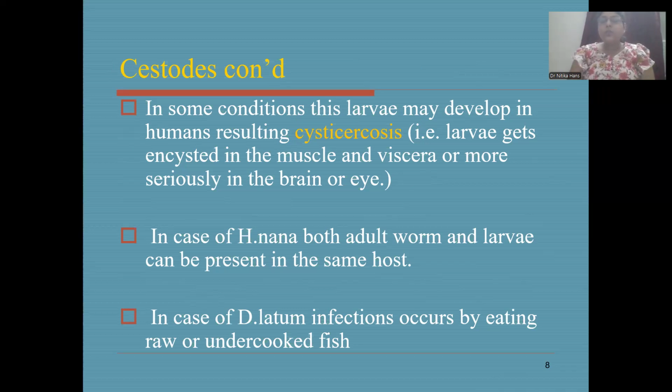In case of Hymenolepis nana, both adult form and larva can be present in the same host. In case of Diphyllobothrium latum, infection occurs by eating raw or undercooked food.